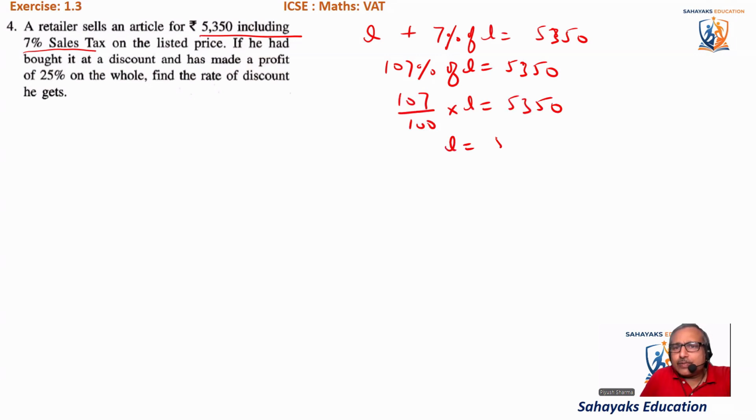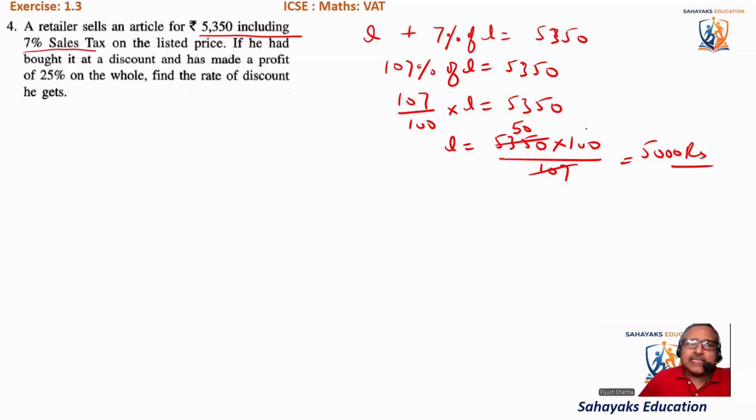From here, L comes out to be 5350 multiplied by 100 divided by 107, which is 5,000 rupees. So basically, the price of the product was 5,000 rupees. He sells an article for 5,000 rupees plus 7% tax, and that's why the value comes out to be 5350.